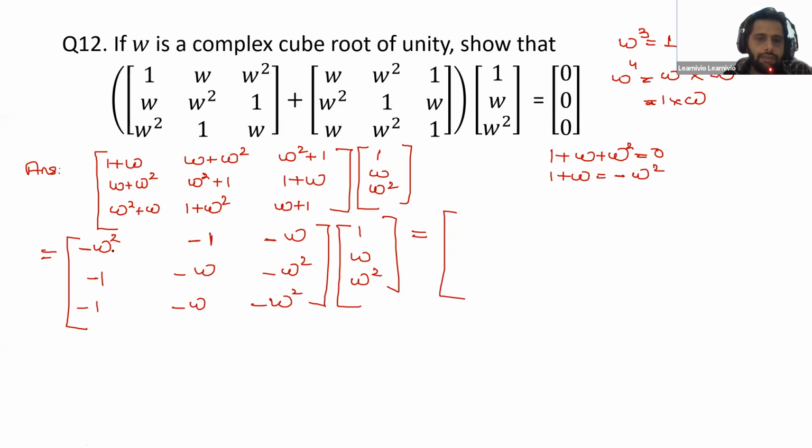So here we will multiply this with this: minus omega squared, this with this: minus omega, this with this: minus omega cube. This is correct. Here we will get minus 1, here we will get minus omega squared, and here we will get minus omega to the power 1.